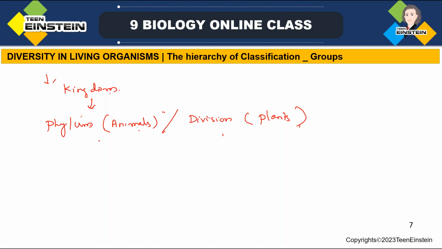Next comes the class. Next we ask which class the organism belongs to. Then comes order. After order, family. Then genus. Then comes the species. Like this, we can separate organisms on the basis of a hierarchy of characters into smaller and smaller groups.